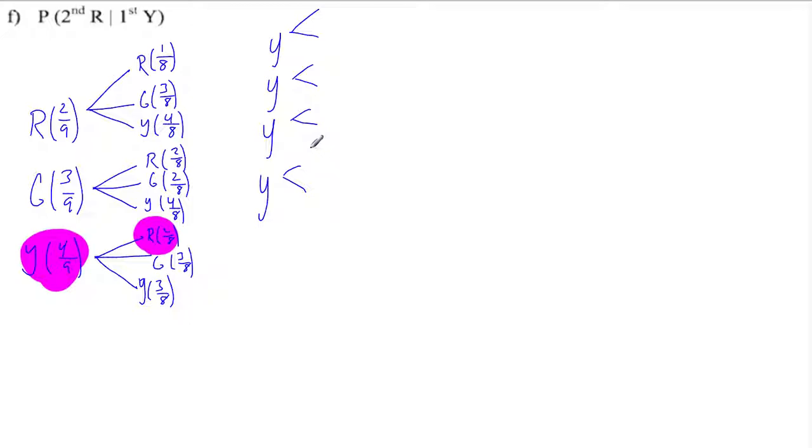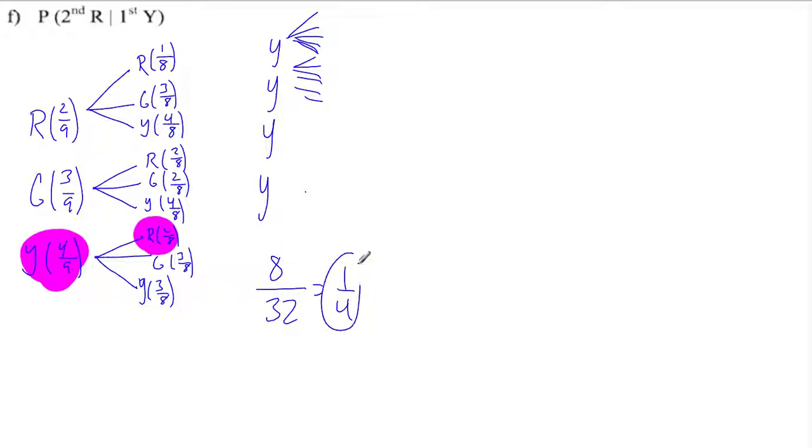So that's 8 possibilities out of 32 possible outcomes, because for all of these, don't forget, we could have 8 possible colors drawn. So if there's 8, 8, 8, 8, that's 32, which leaves a 1 in 4 probability.